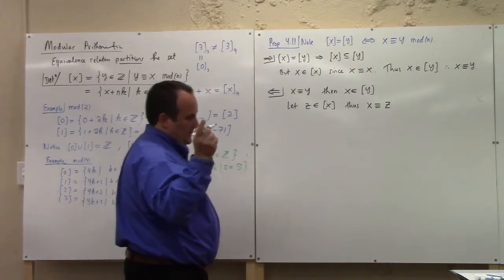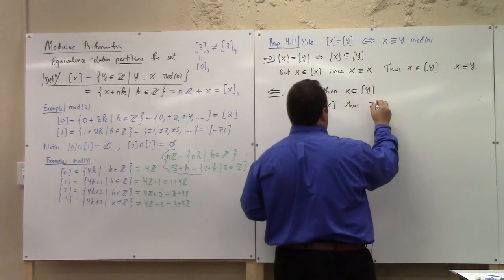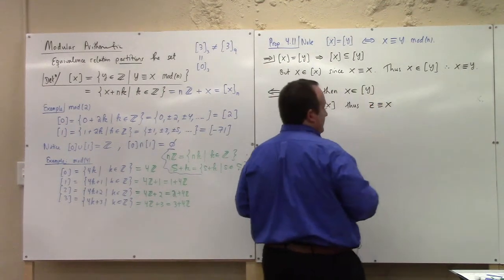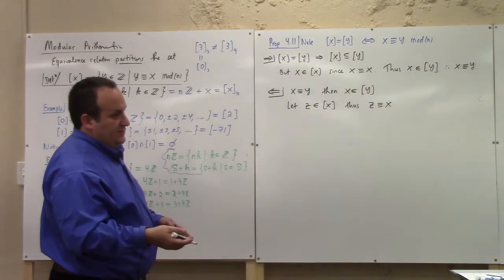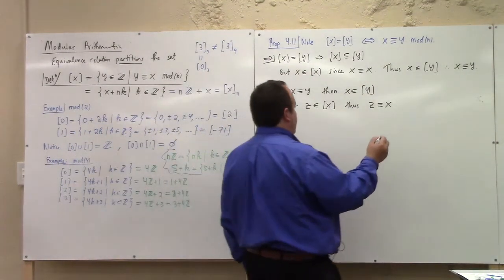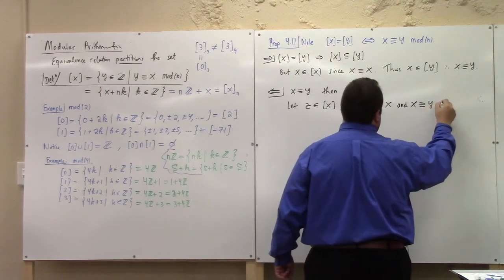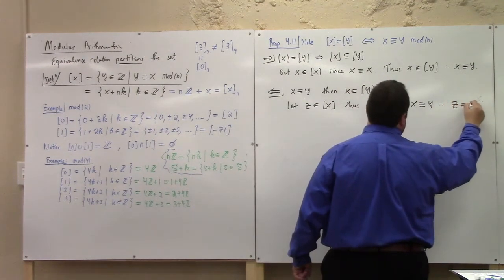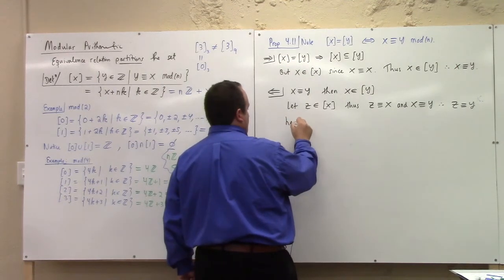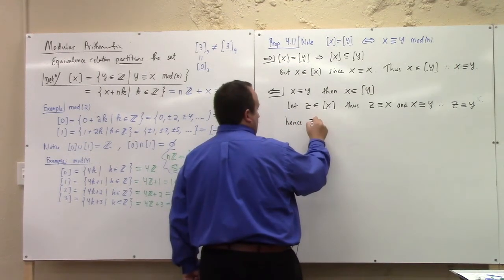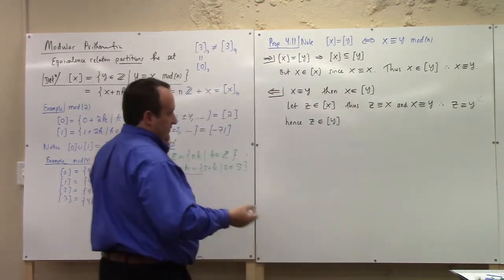I should say it this way, I flip that around: z is congruent to x, right? It's symmetric, so we can write it one way or the other anyway. So z is congruent to x, and x is congruent to y, we're assuming that, right? Therefore, z is congruent to y, by transitivity. Hence, z is an element of the equivalence class of y, because it's equivalent to y.